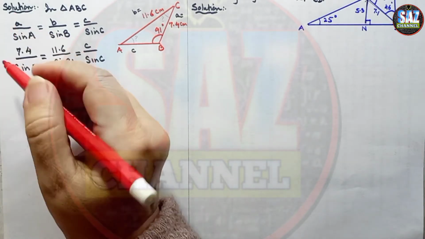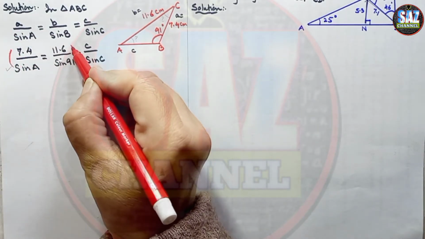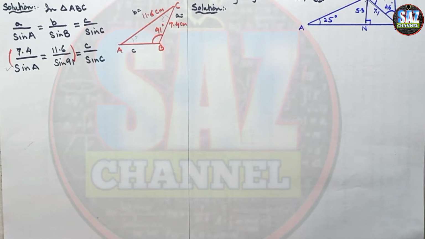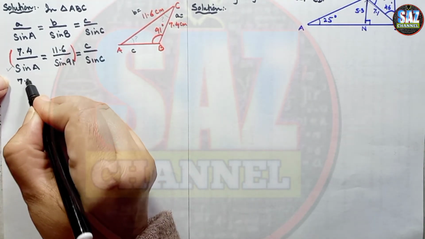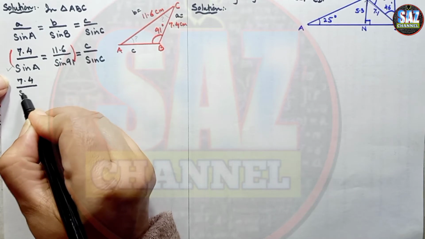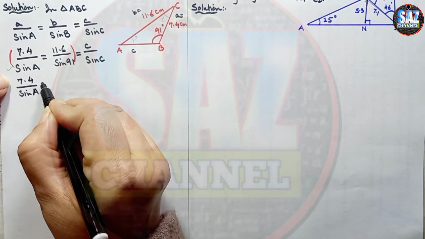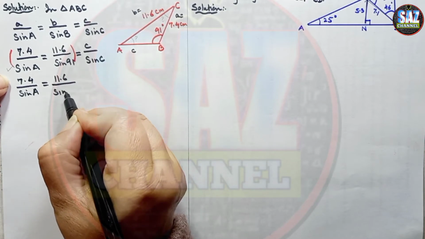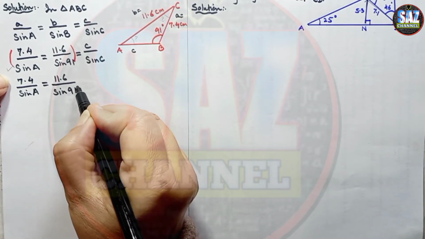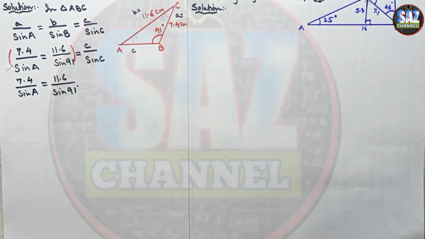So in the beginning, I'll be taking this portion of this equation, and the equation will take the form 7.4 upon sine of A equals 11.6 upon sine 91 degrees. Now I have to find the value of sine 91 with calculator.